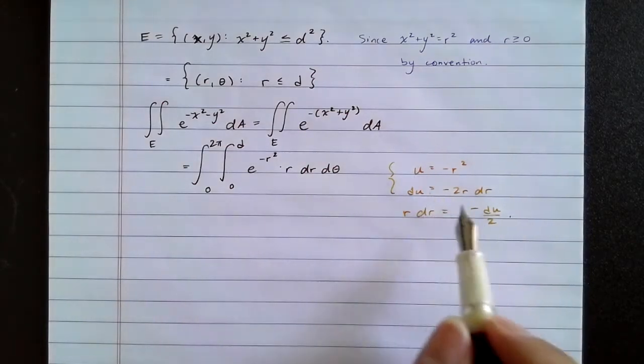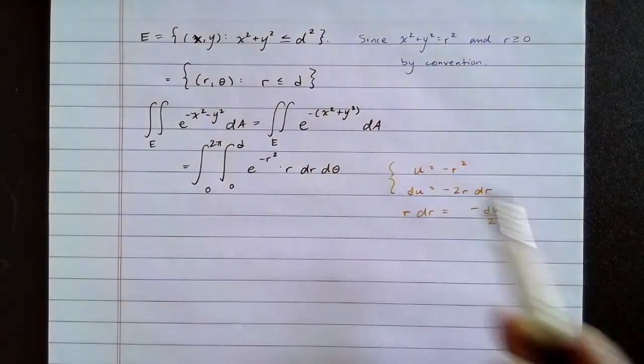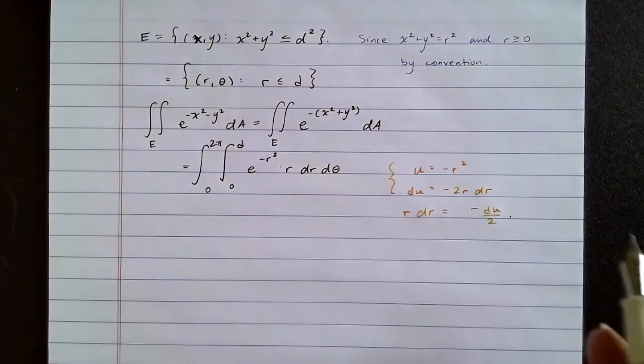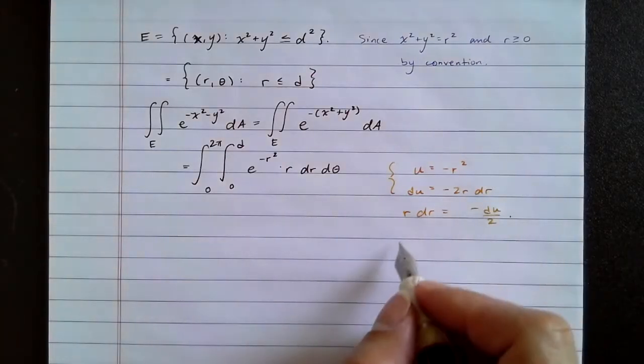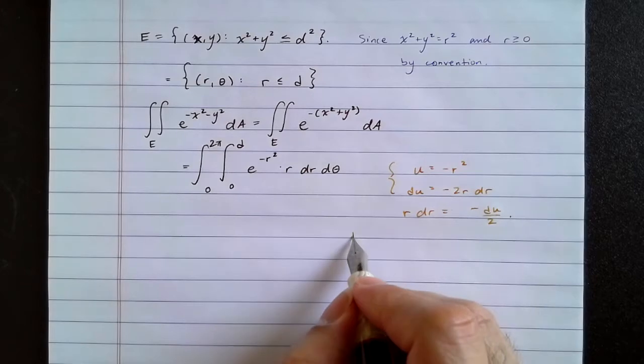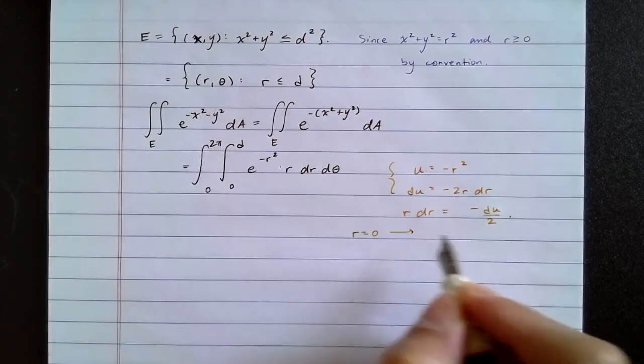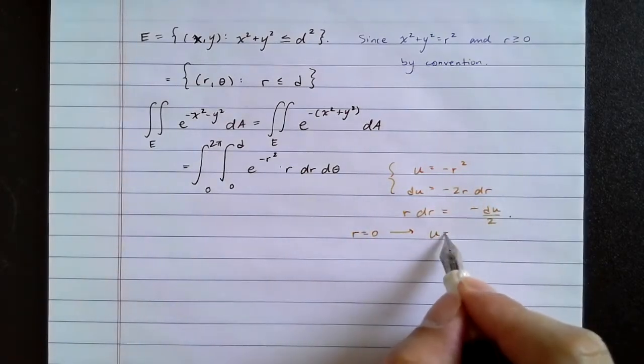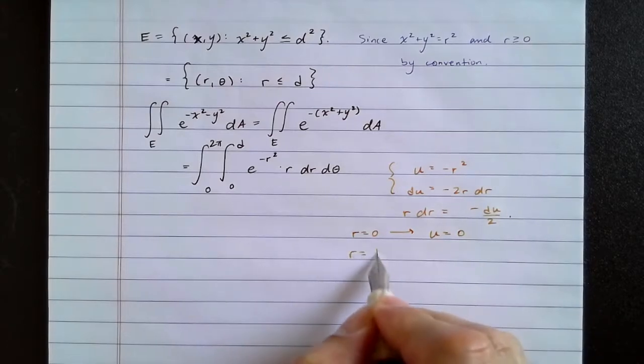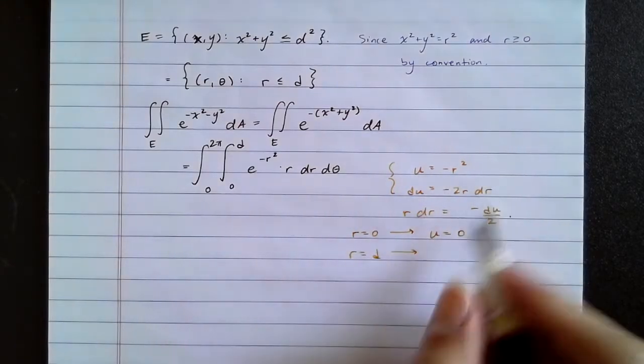So these are two things for the substitution. And if you want to change the bounds of integration, I guess we can do that. So if r equals 0, u equals 0, and when r equals D, u equals negative D squared.